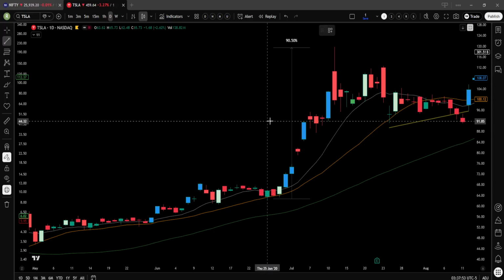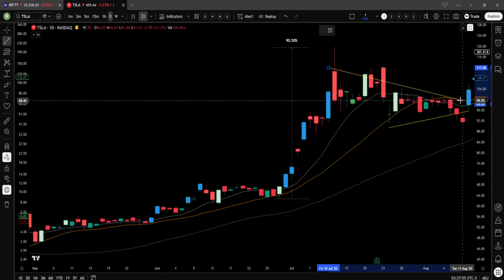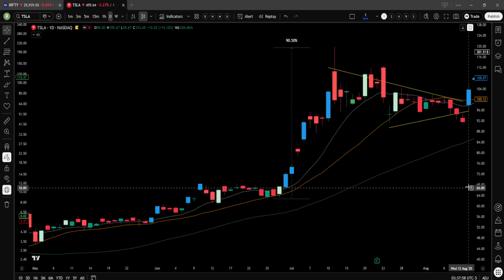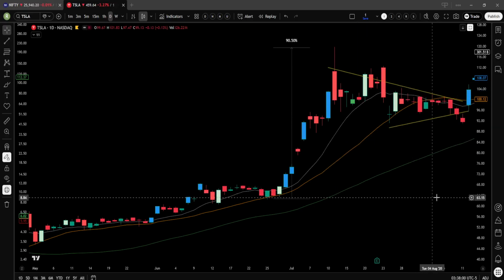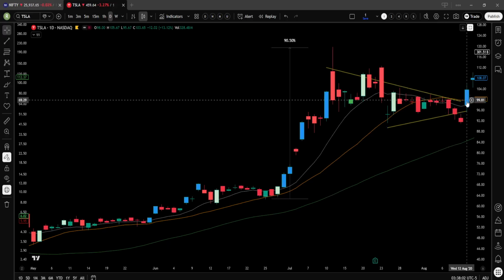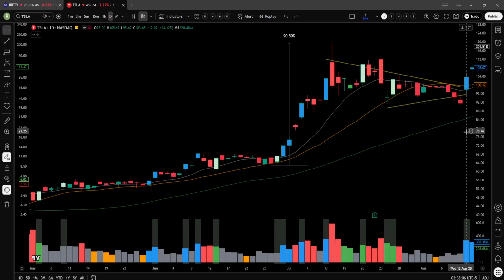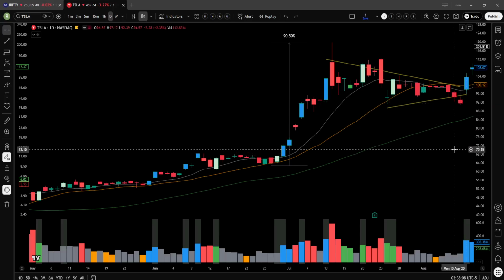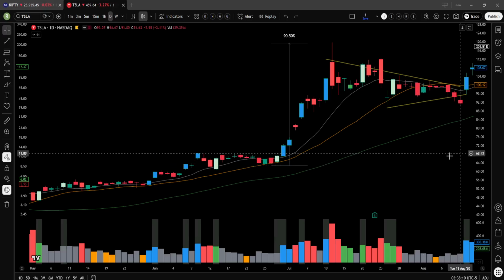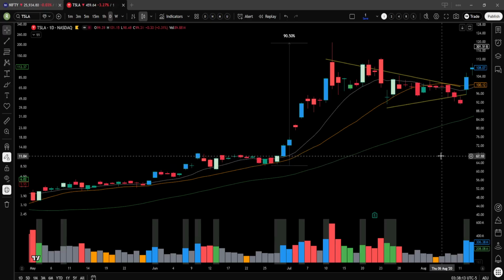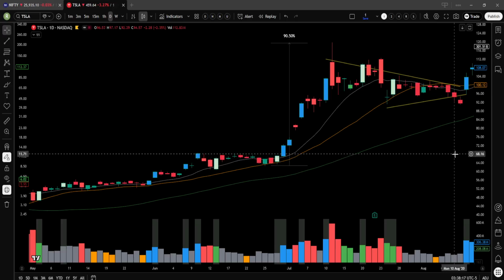because if you see here, this was the range. You can also consider it a flag or something like that, and then it broke out with this candle on big volume. You can see here is a blue bar, and volume is high. Prior to that, in the tight candles, you can see the gray volume and orange volume, which is dry volume, and gray volume is not so significant.